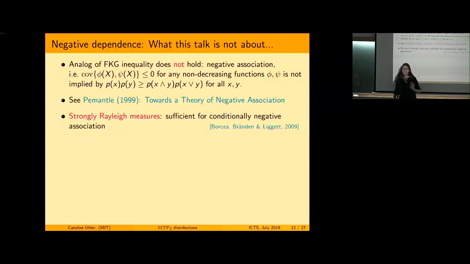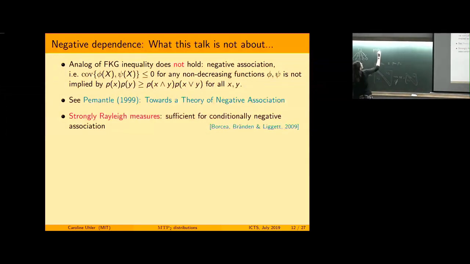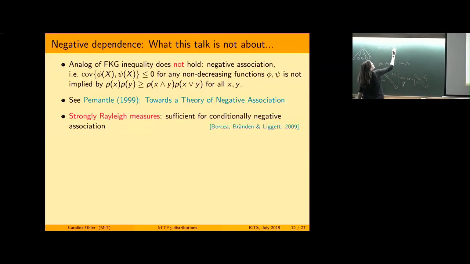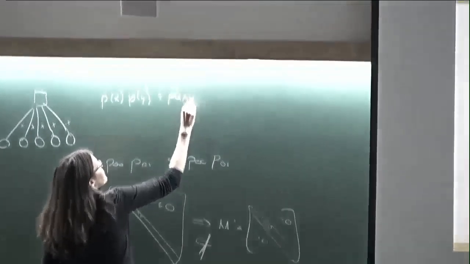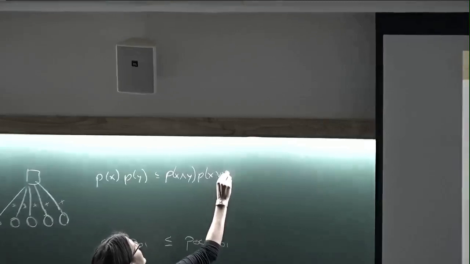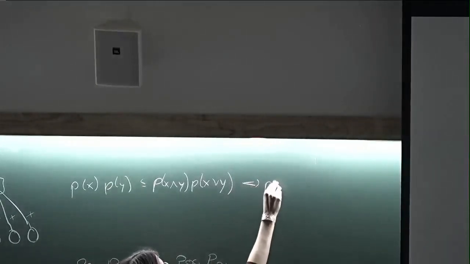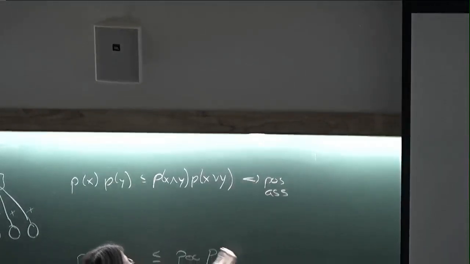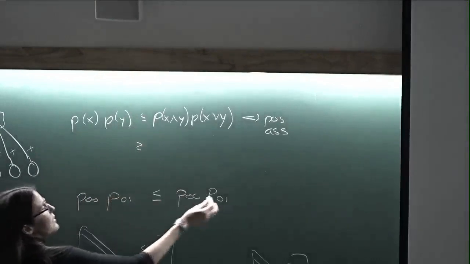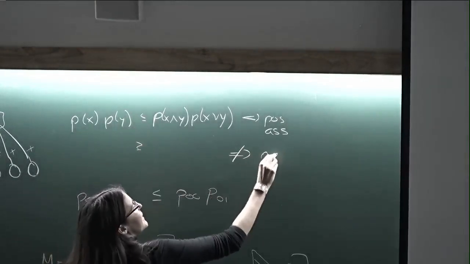But unfortunately, it is not the case that this inequality implies negative association. That's really unfortunate. For MTP2, I have that P of x times P of y is smaller or equal to P of x min y times P of x max y. This implies positive association, but if I turn around this inequality, it does not imply negative association.